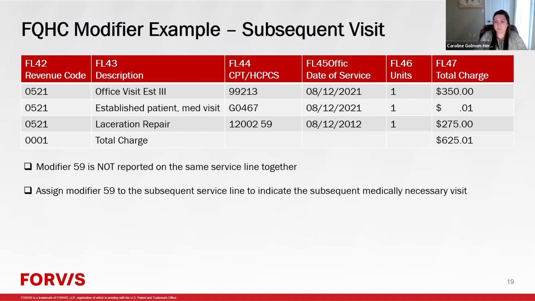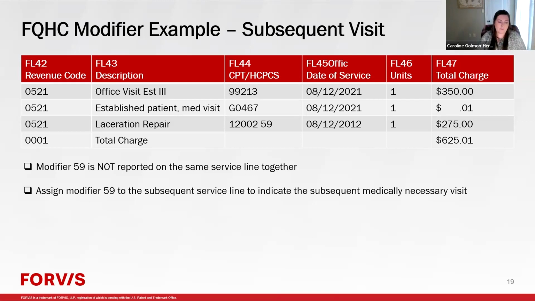So that patient left the facility. They had a regular established office visit, and maybe later on in the day they fell, cut themselves, and needed to go back for a laceration repair. So you would put that modifier 59 on the 12002 for the laceration repair to indicate that that patient came back.